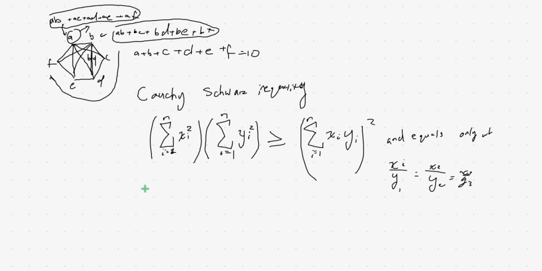So, how are we going to solve this problem then? Let's take an arbitrary vertex, let's say A. The sum for that vertex is going to be A times (B plus C plus D plus E plus F), if we just factor it. Now, what does B plus C plus D plus E plus F equal?